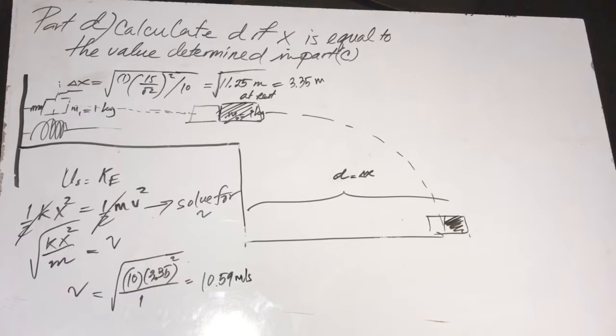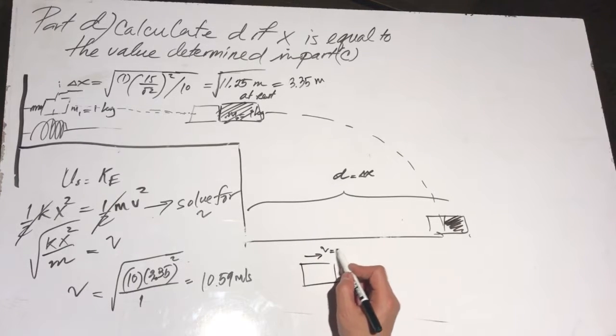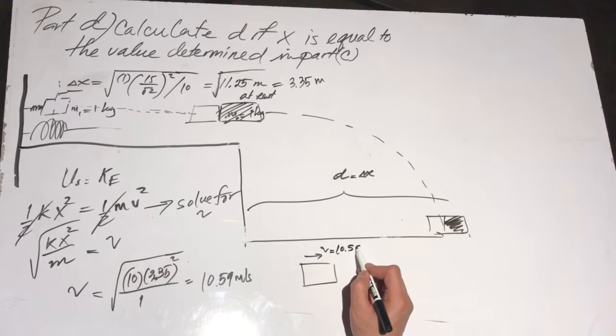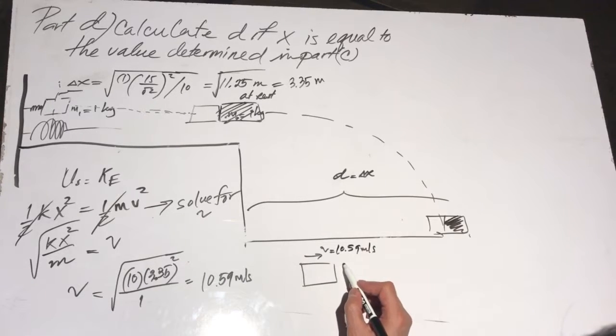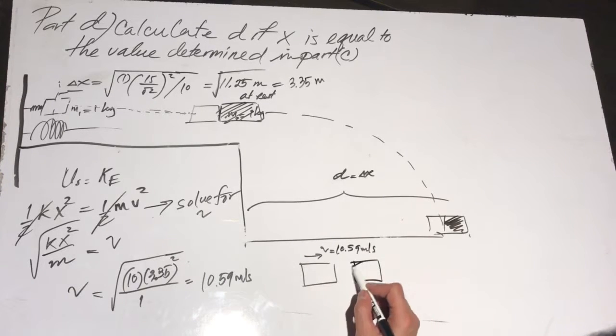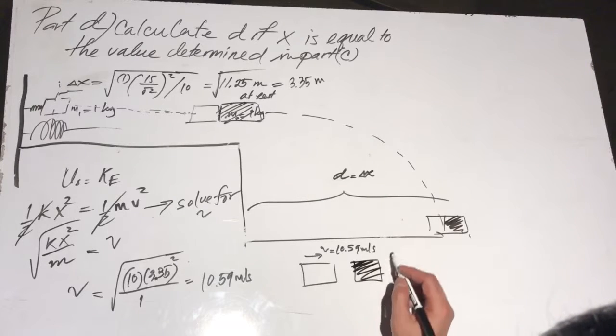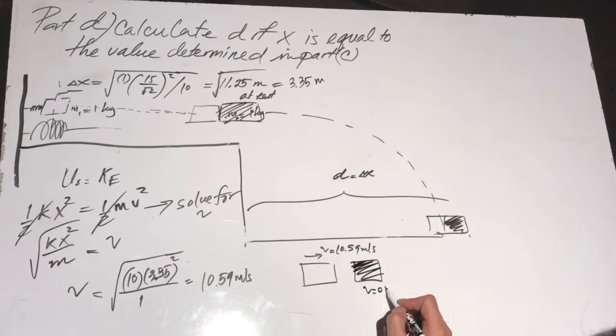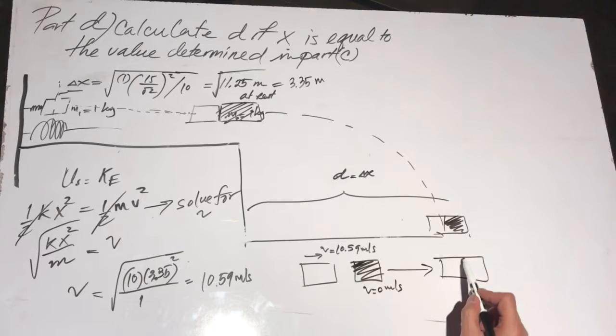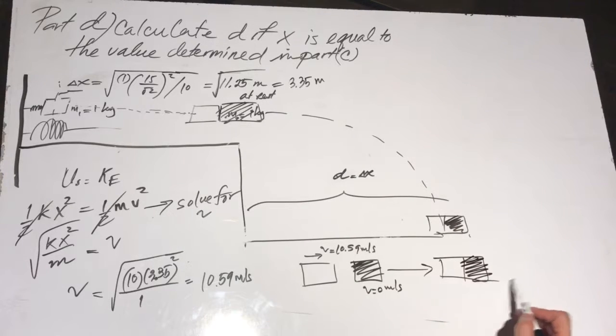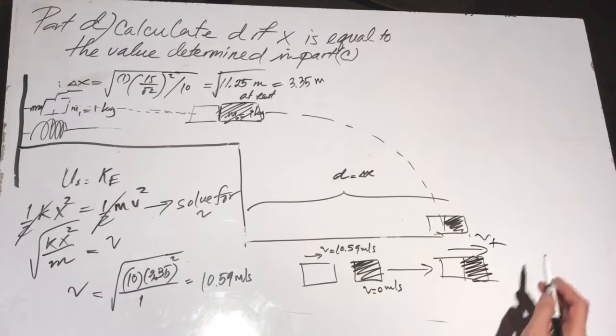So now what we will do is this one right here is moving at a velocity of 10.959 meters per second, and then eventually it collides with this mass right here, which has a velocity of 0. After the collision, they both stick with the same velocity. That's what we're looking for.